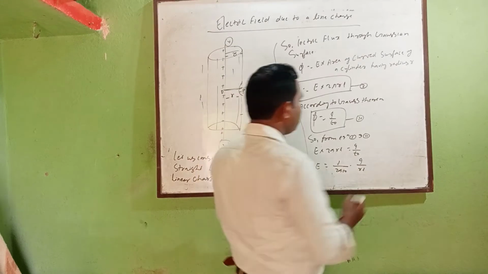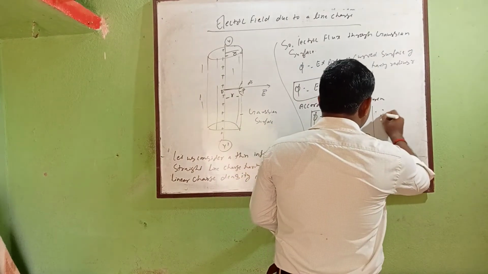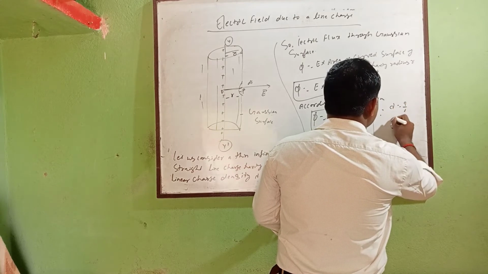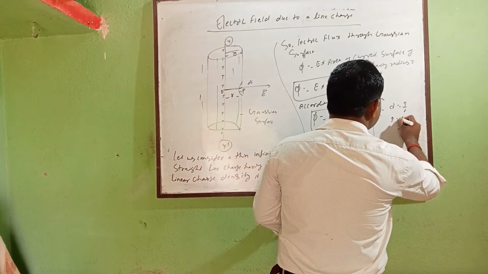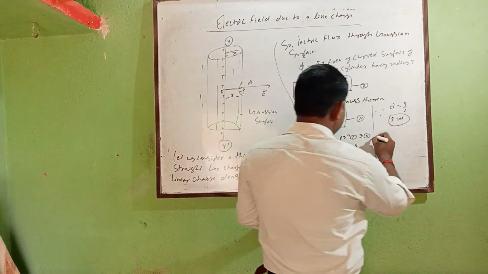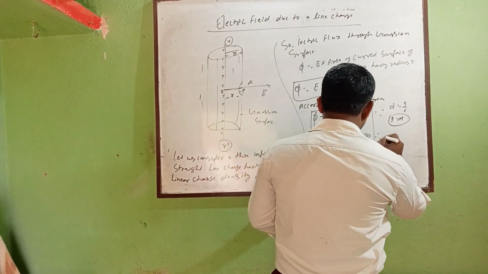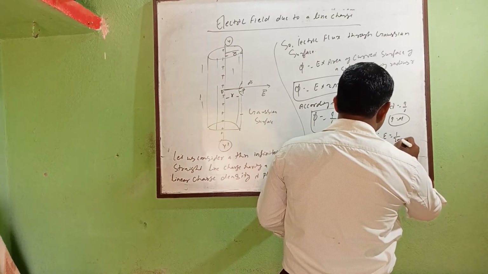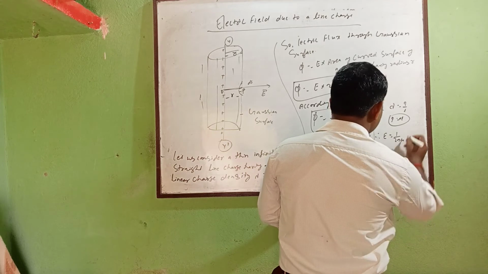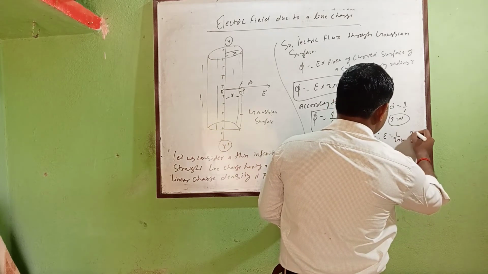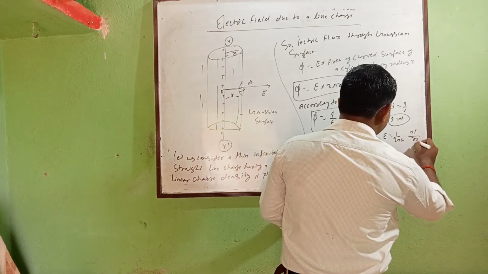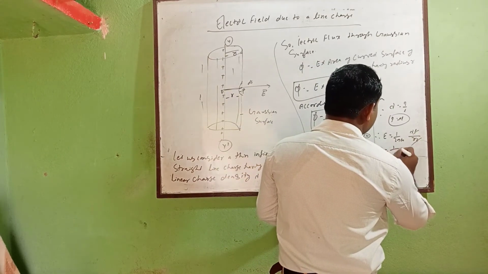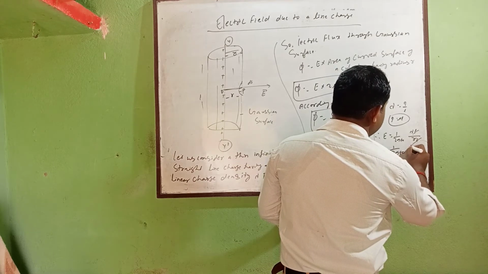But we also have the formula lambda is equal to q by L, therefore q is equal to lambda L. So E is equal to 1 by 2 pi epsilon naught, and in place of q you write lambda L divided by RL. L and L will cancel out. You have E equal to 1 by 2 pi epsilon naught lambda by R.